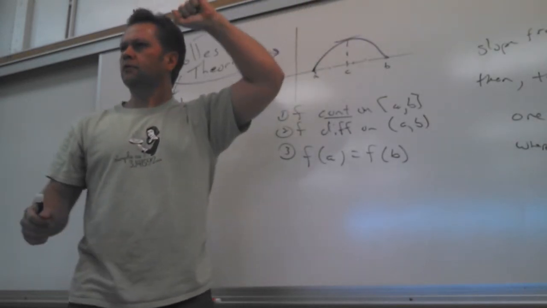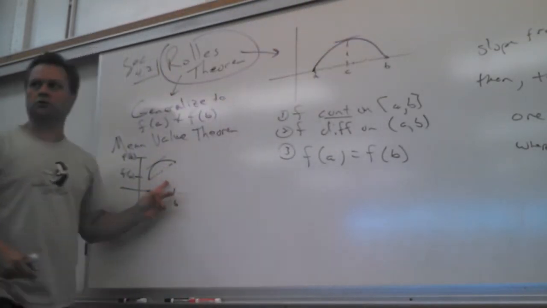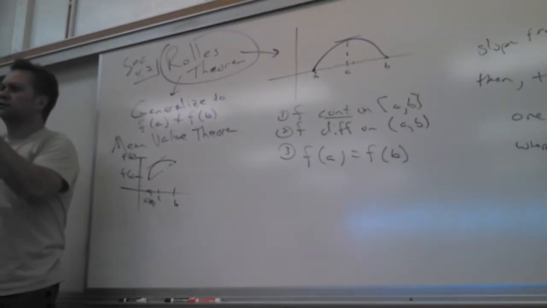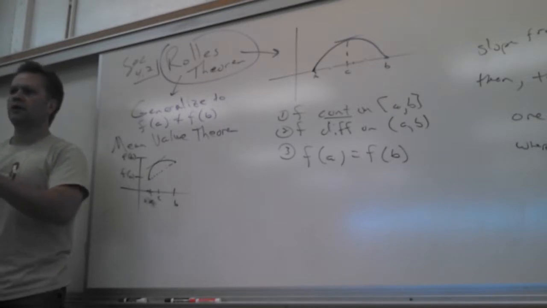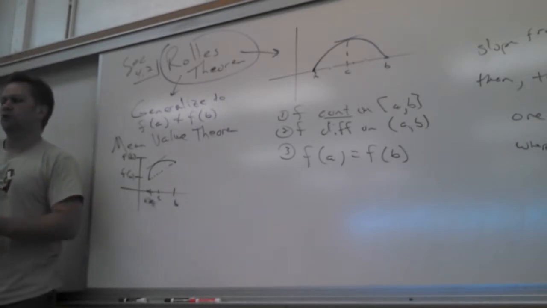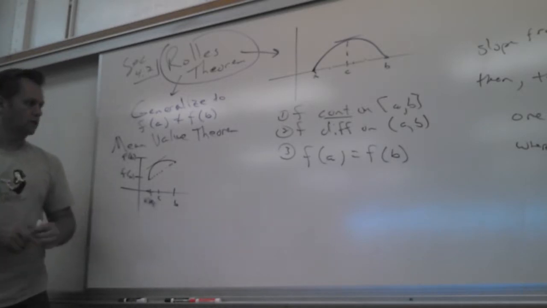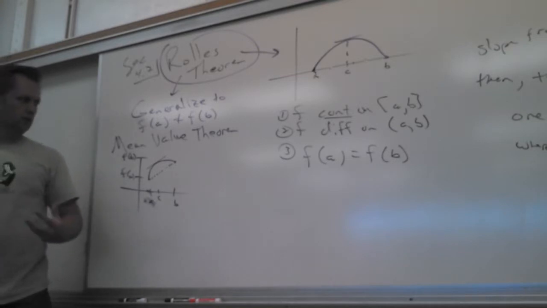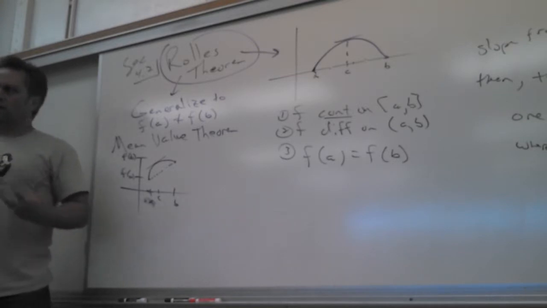So if this is true, then this has to be true. Now there's a lot of little technical details you take care of in the proof of it, but the idea is so simple, you're like, well, this must be true. But when you prove something, you have to be really technical. This is as deep as I want to get into the explanation of why this is true, but it just intuitively makes sense.